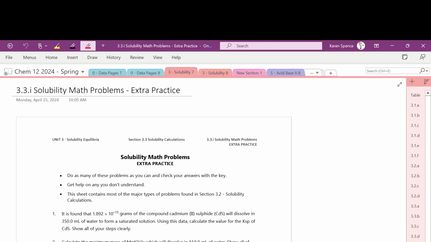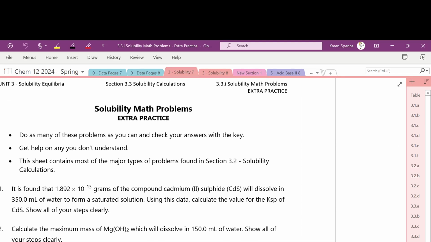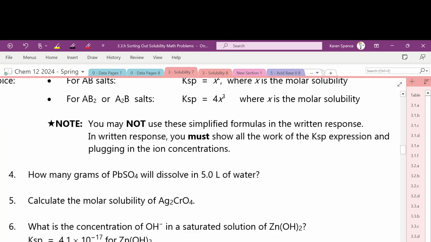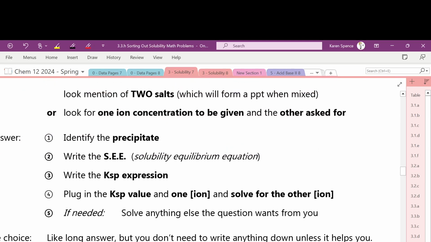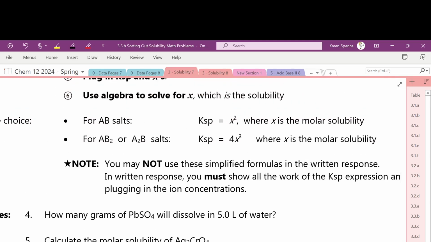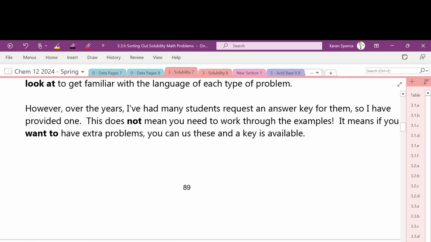In the next one, we have solubility math problems extra practice. At the end of this one, we have solubility math problems practice. So you don't need to do all the examples within the thing, unless you want to. I do get people who want to, so I have provided an answer key.